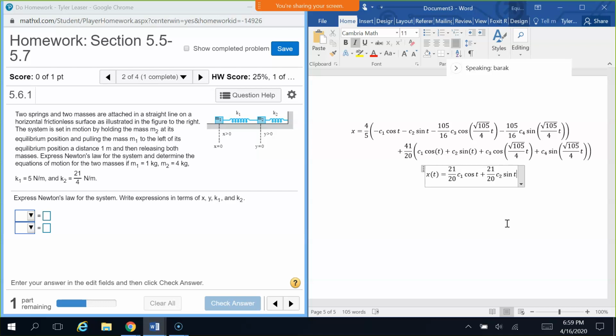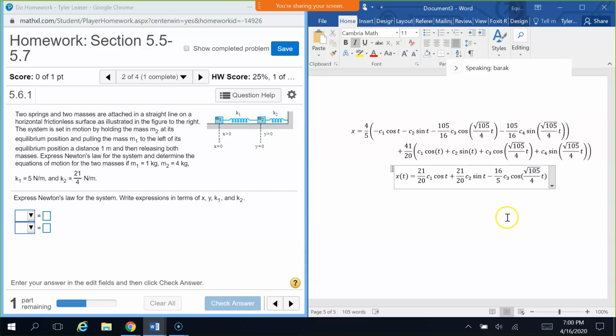What is 3.2 as a fraction? 16/5? 16/5. Okay, I like that. C3 cosine of that square root 105/4 t.